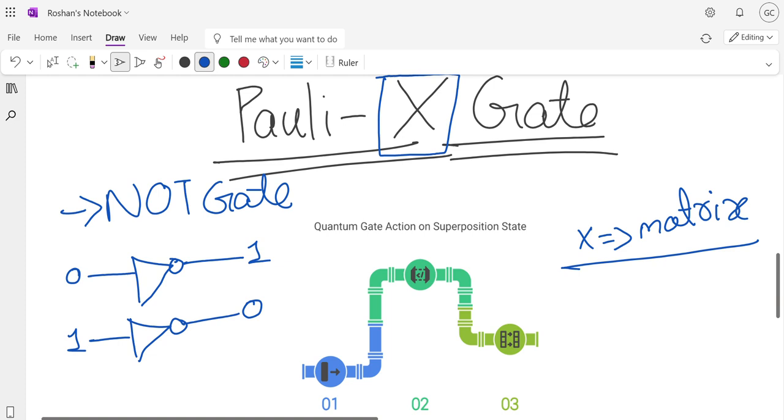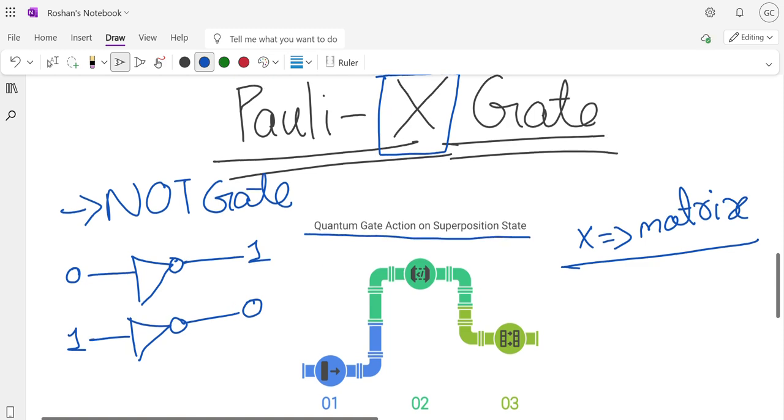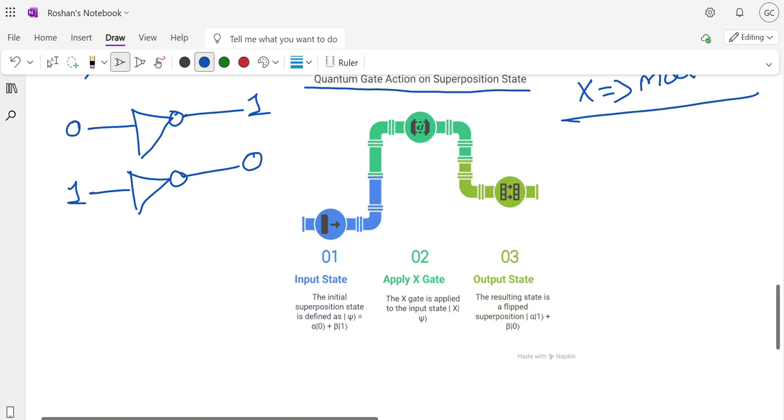Okay. But what happens in a quantum gate? We'll go through a pictorial understanding here. So first, the input state. The initial superposition state is defined as psi. In this example, they took the superposition state and they're applying the X gate on the superposition.